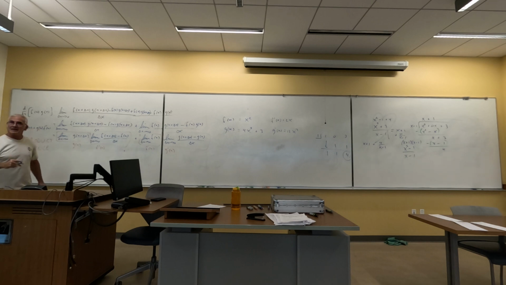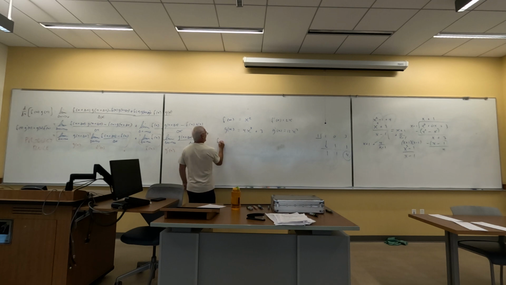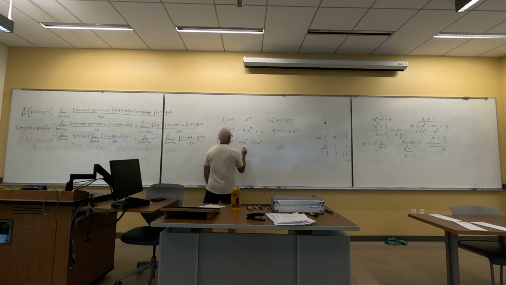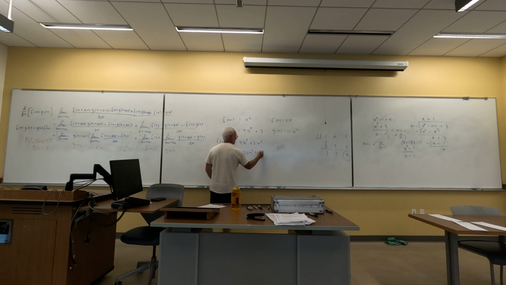But let's go back to the example we started with. Because when we did this a moment ago, we said f of x times g of x was 4x to the 5th plus 3x squared. Therefore, the derivative of this we saw was 20x to the 4th plus 6x. We just did that a moment ago.